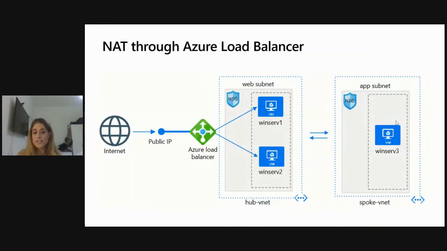But if you still need your machines to be accessible from the internet, for example because you're no longer in your corporate network and you're working from home, meaning you do need a public IP. A common use was to use Azure Load Balancer as a kind of workaround: if you access this public IP on a specific port, let's say port 5000, it will redirect you to a certain server.